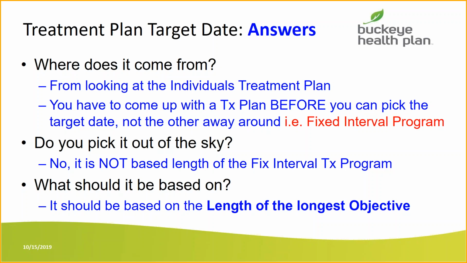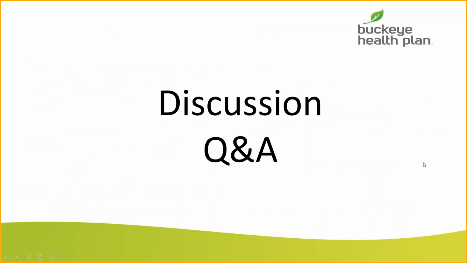So I have to look at what the objective dates are first before I can pick out the treatment plan target date. So that's why I say you have to look at the treatment plan that you come up with, and then you select the date after you've come up with the treatment plan.